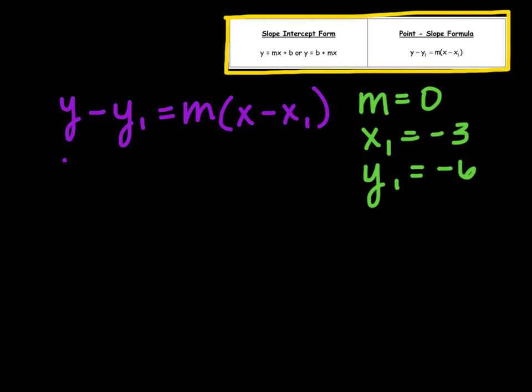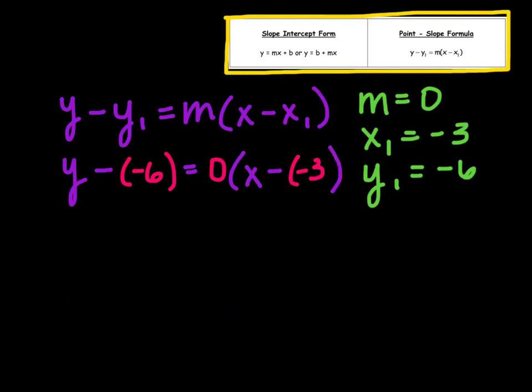So we have here y minus, I'm going to change the y1 to a -6, equals, I'm going to change the m to a 0, times x minus, I'm going to change the x1 to a -3. Okay, there's a lot of negatives going on here, and I get that, and it'll be okay. So first of all, let's rewrite this, changing some of our double negatives.